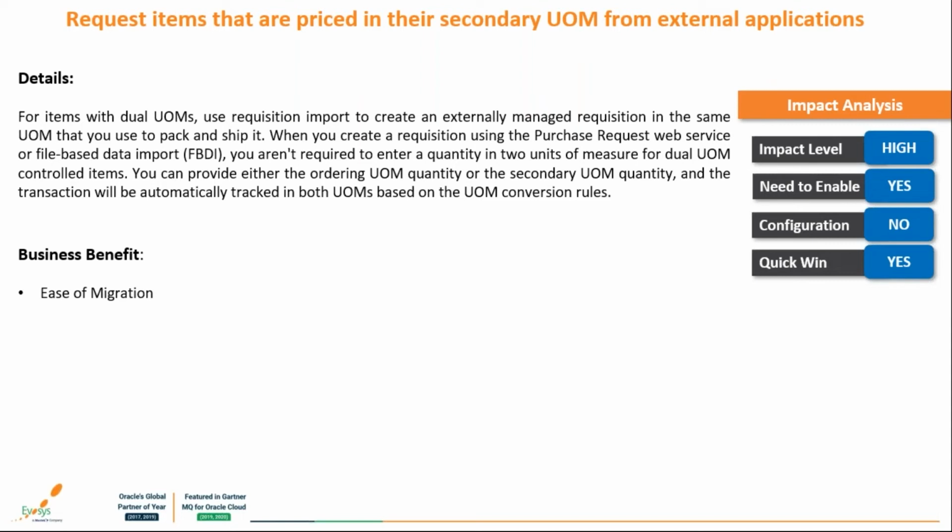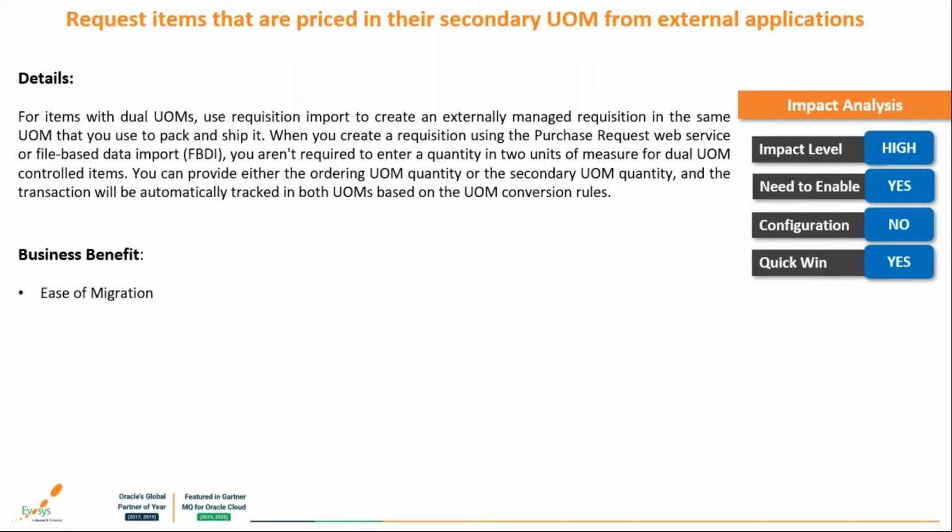You don't have to submit a quantity in 2 units of measure for dual UM controlled products. When you use the purchase request web API or file-based data import (FBDI), the transactions will be automatically tracked in both UM based on UM conversion rules, whether you give the ordering UM quantity or the secondary UM quantity.